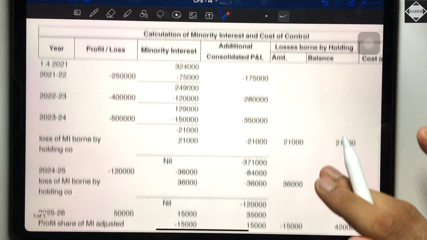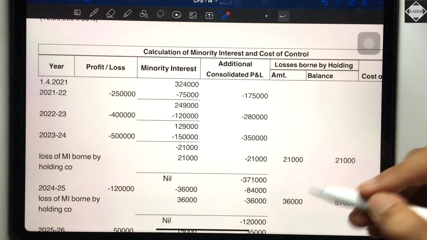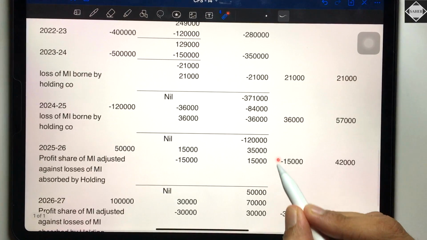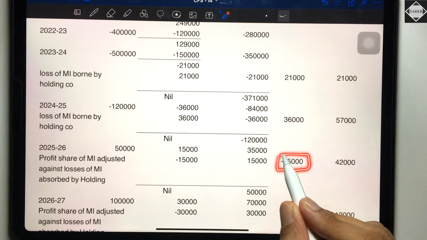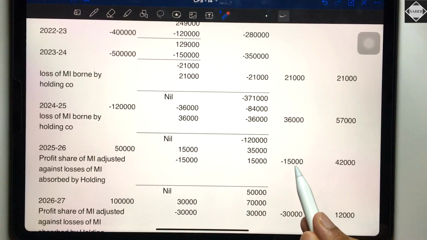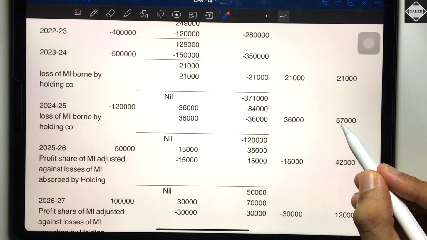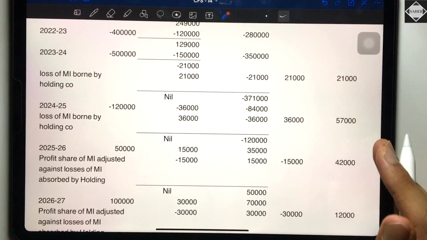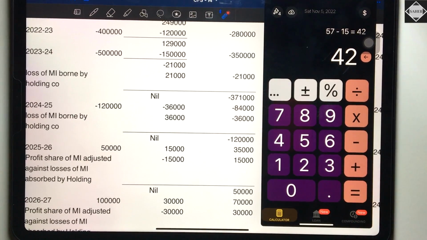Now here you used to record how much loss has been borne by the holding company. Now that also you have to go on subtracting. See, minus 15,000, because recovery has been done now. Recovery has happened in this year, 2025-26. Now the effect of that we have to give in the cumulative column as well. So 57,000 minus 15,000 is equal to 42,000.